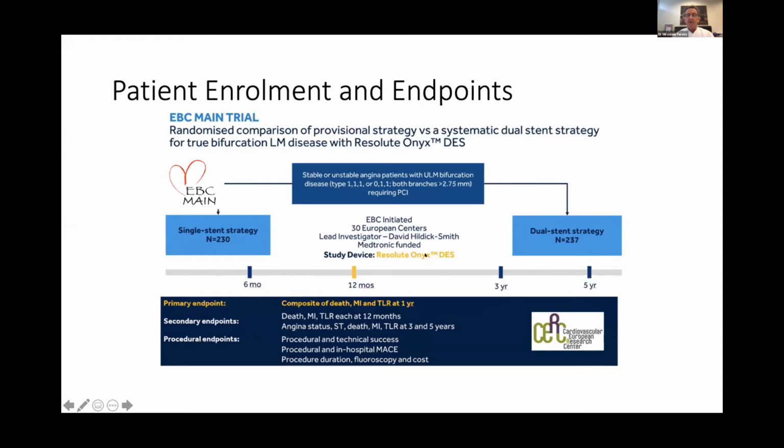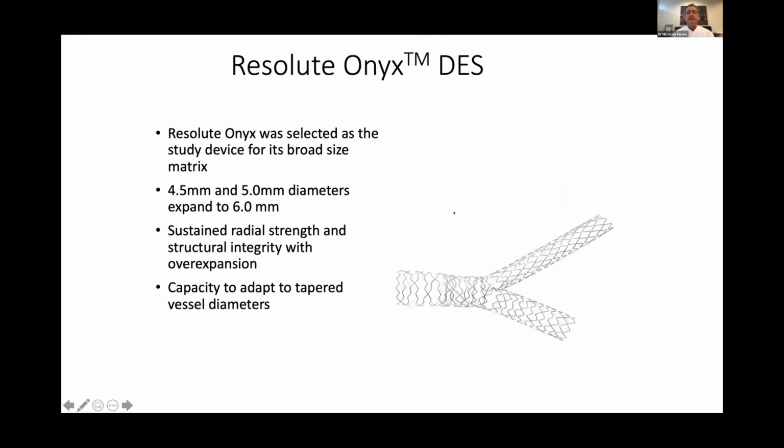Important information: only the Resolute Onyx stent was used in this study subset. The primary endpoint was a composite of all-cause death, MI, and target lesion revascularization at 1 year, with a few secondary endpoints, including procedural success, procedure duration, and X-ray dose.